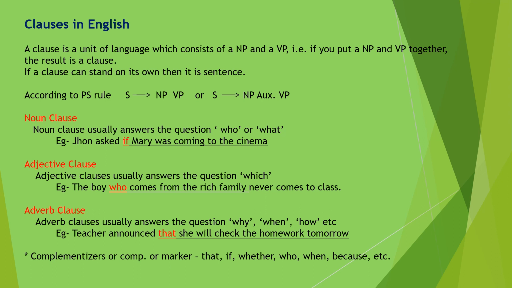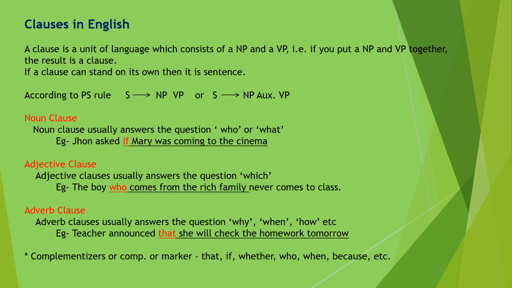Here we have the sentence, teacher announced that she will check the homework tomorrow. I may ask, when will the teacher check the homework? The answer will be "she will check the homework tomorrow." So it is answering the question when, and it is an adverb clause.